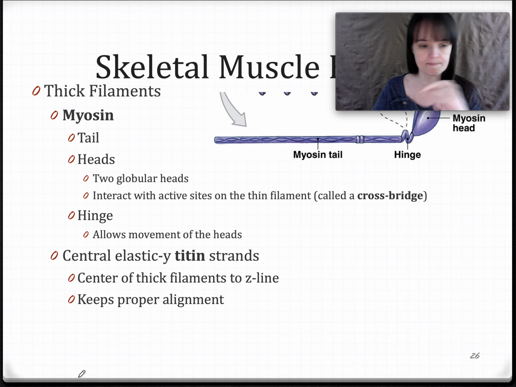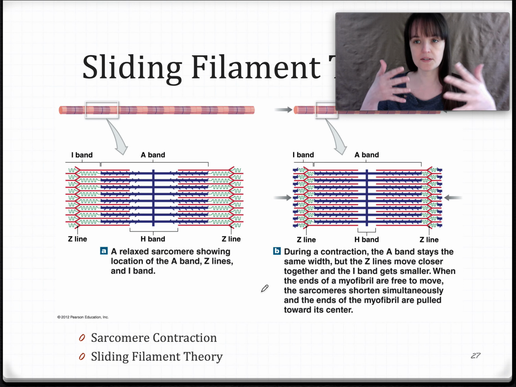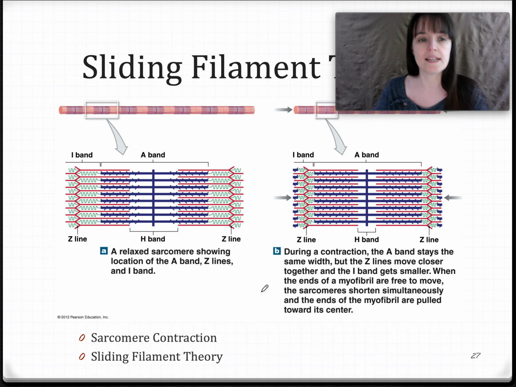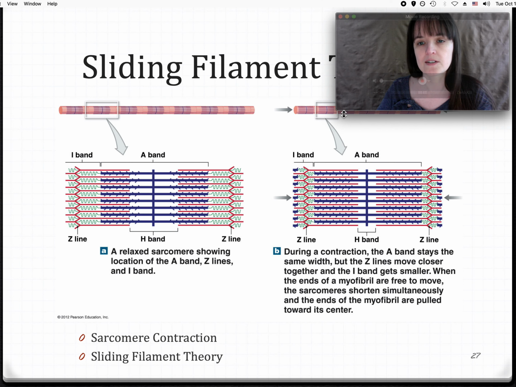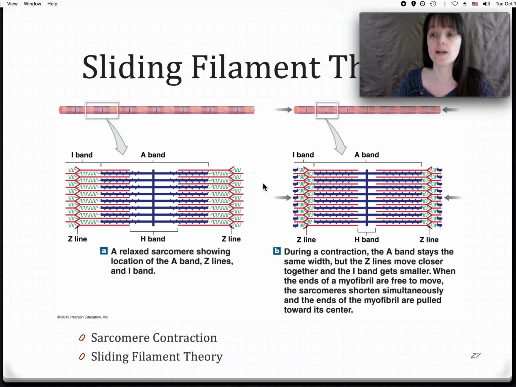All right, so when the muscles contract, the filaments slide across each other. It took them a while to figure out how muscles contract. They could see the dark and light bands, and they couldn't quite tell what was happening. They thought maybe the filaments were stretchy, like elastic, but that's not it.